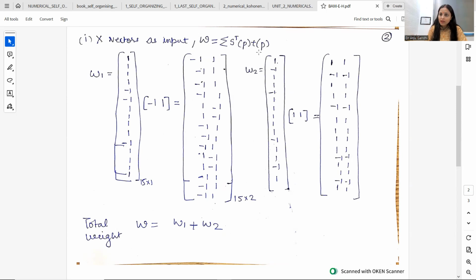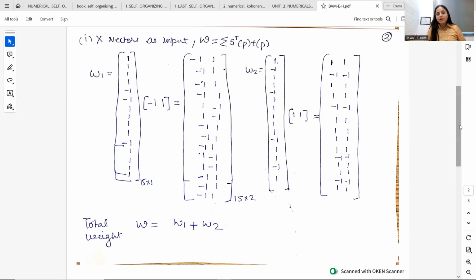In the same way, we find W2, the weight for the second pattern, H. This is the input vector of H and this is the target code for H. Performing this formula, we get a matrix, again 15 by 2. Now we find the total weight, which is the summation of both weights, W1 and W2.